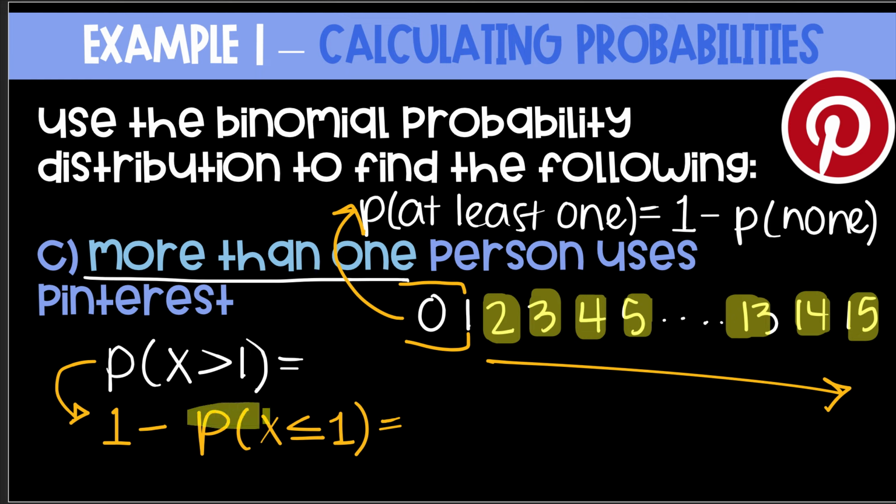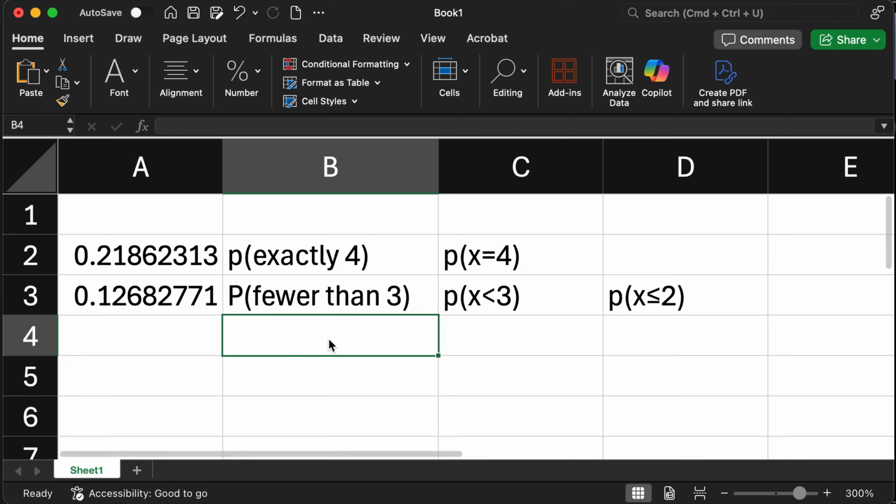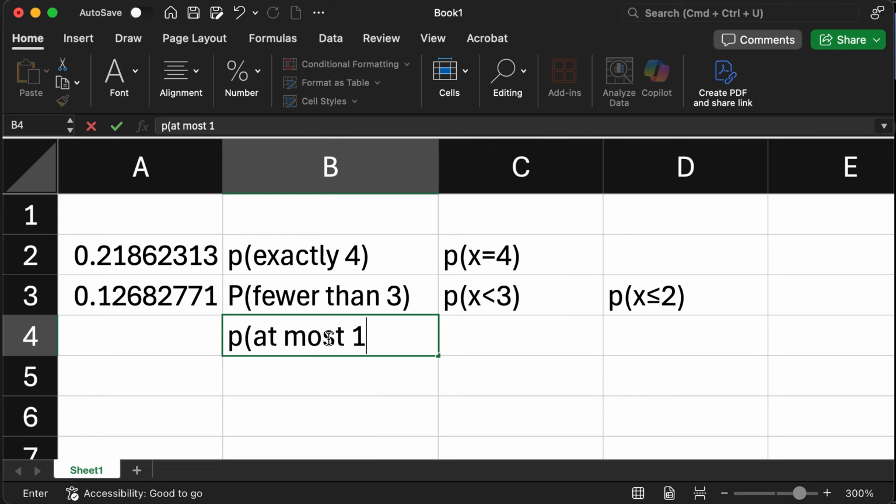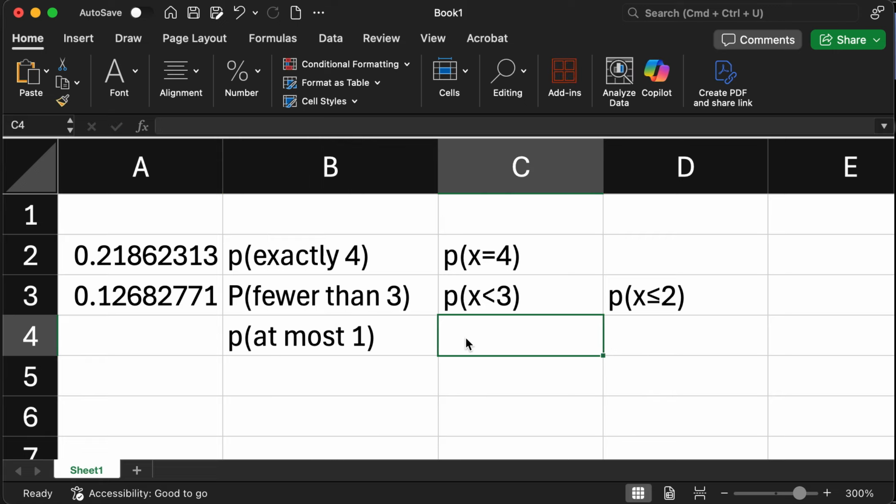Let's compute the probability of X at most 1 in Excel. The probability of X is less than or equal to 1.